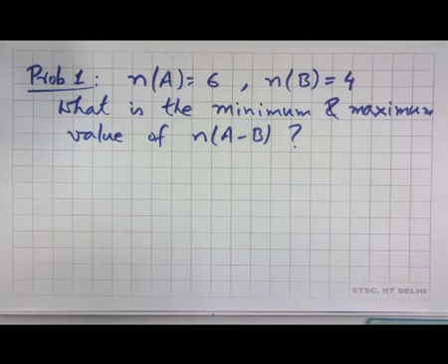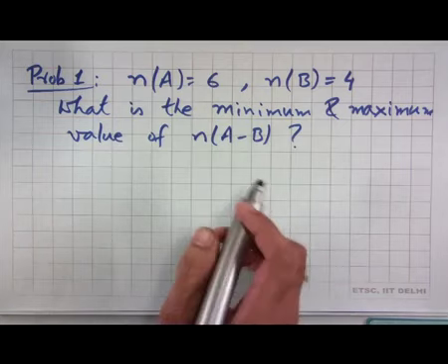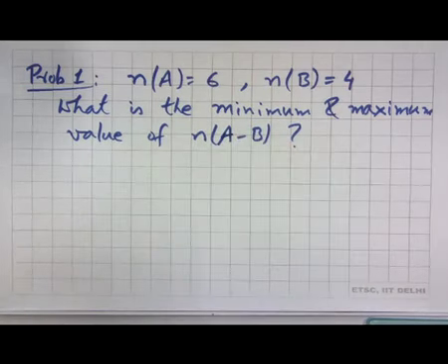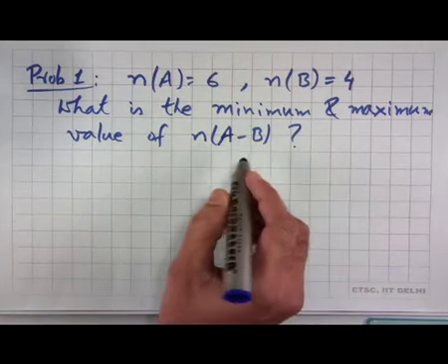So, we are given the number of elements in A and number of elements in B, and we want to write the number of elements in A minus B.